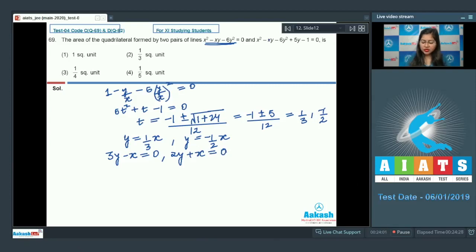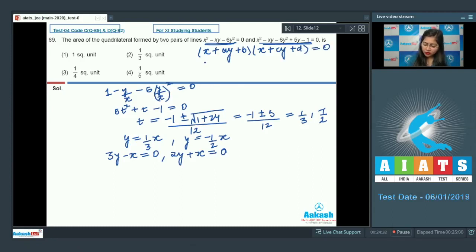Similarly, to find the pair of straight lines of this, let us compare this pair of straight lines with (x plus ay plus b) into (x plus cy plus d) equal to 0.